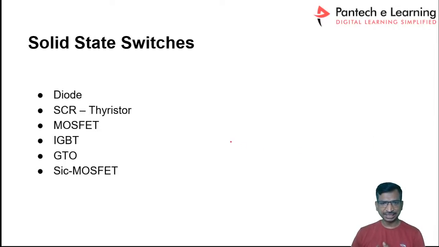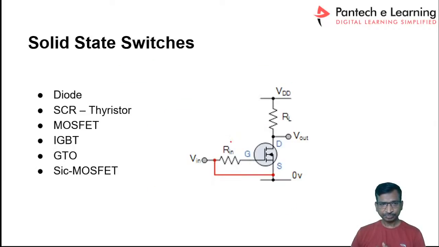right? So first let us understand what a diode is. The diode is a solid state device. Whenever it is forward biased, then the circuit will get connected. For example, a basic example. This is the diode example. We have the anode and the cathode.